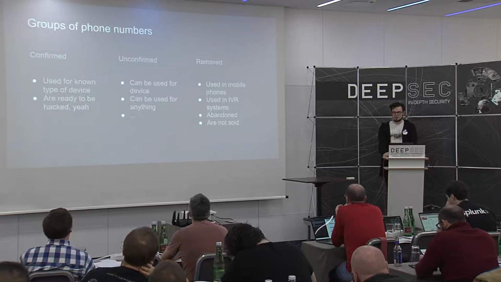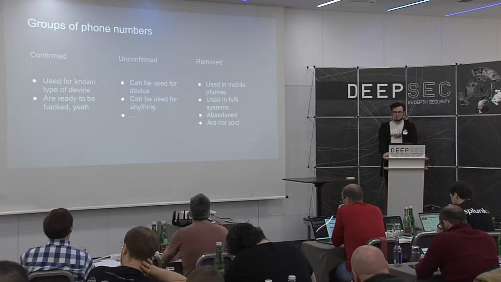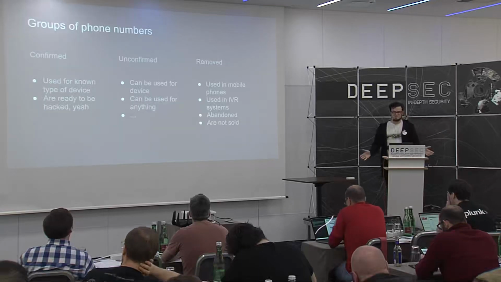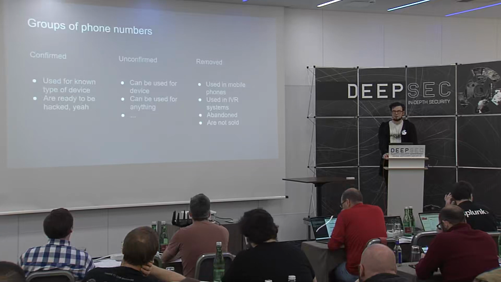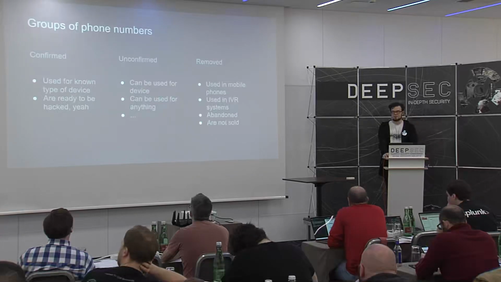For example, it is the phone number of the mobile operator. It is the phone number of some guy from a country. Also, it is the phone number of the IVR system. It is an abandoned phone number, or it is the phone number which will not be sold to anybody.